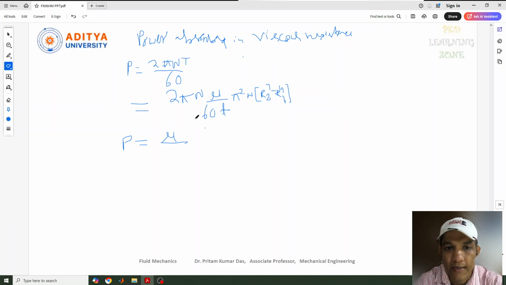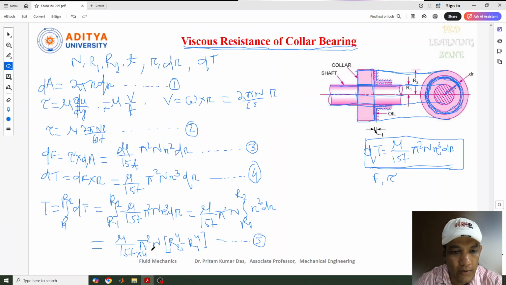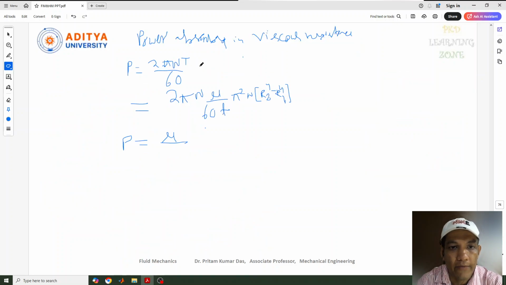Yes, this is P, mu value what I have written, so 2 pi nt value what I have written here, 60 t. Next what I can write, 2 pi nt by 60. So one more 60 is there. Okay, so this is the t value, so one more 60 is there actually.